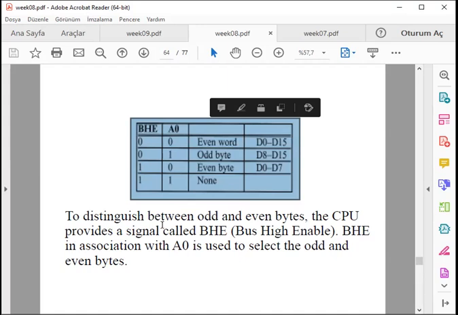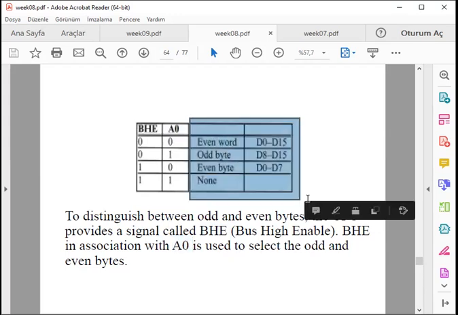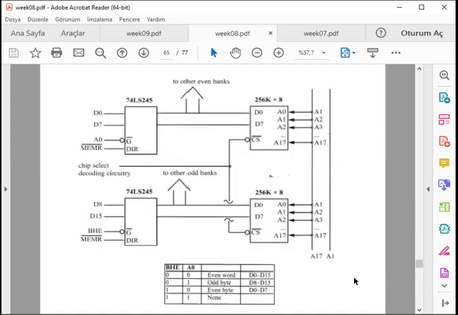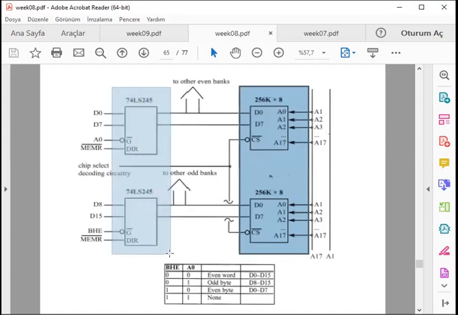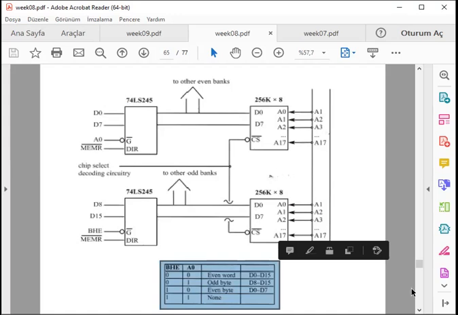microprocessors. So to distinguish between odd and even byte, the CPU provides a signal, that BHE signal. It's associated with A0 to decode either single byte or word or double byte memory information. This is a very simplified diagram of utilization of these two banks and their associated transceivers and their logic diagrams, which ones are activated.